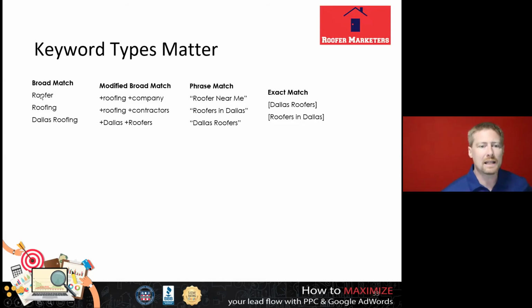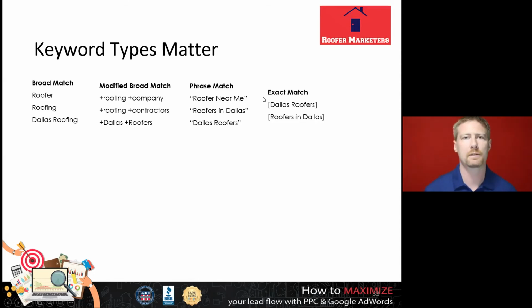In broad match, if you put in roofer, you may show up for things like Red Roof Inn, right? You may show up for RV roof repair, right? Anything Google thinks might be related to the word roofer, that's what they'll show you for. So you've got to be extremely careful.